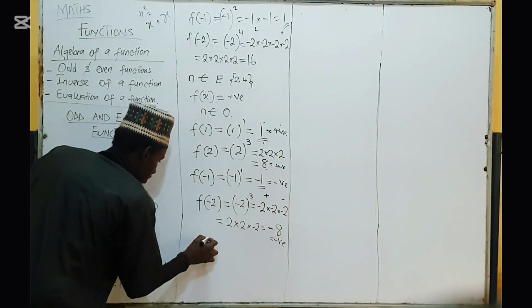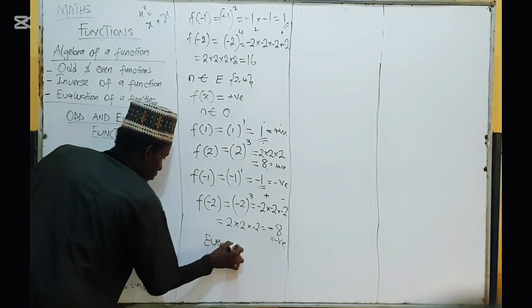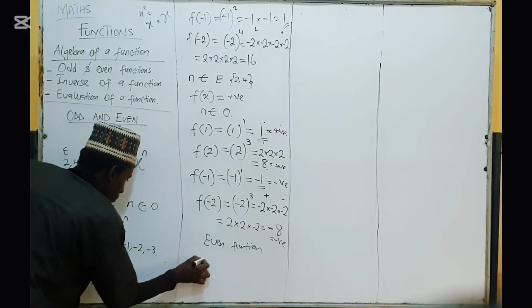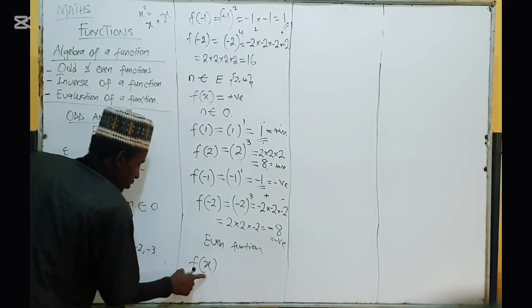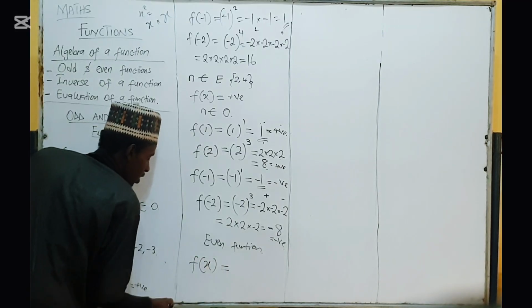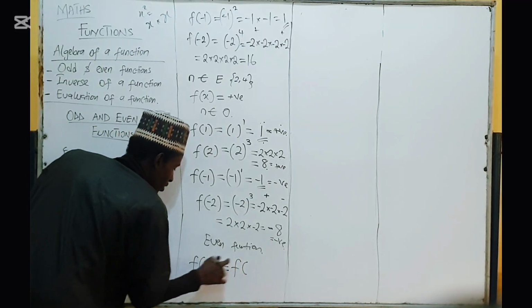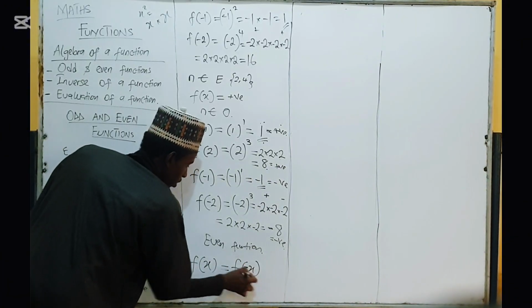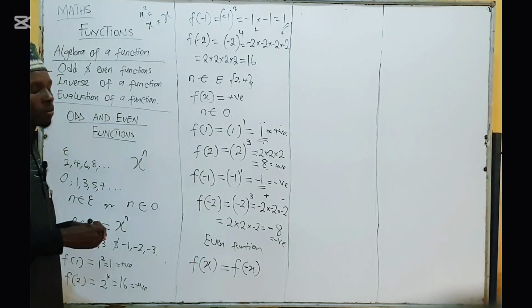Okay? That is, even functions are just when the input of the function x, can you see that here it is x, is the same as when the sign of the input is inverted, like minus x. This is where we have an even function.